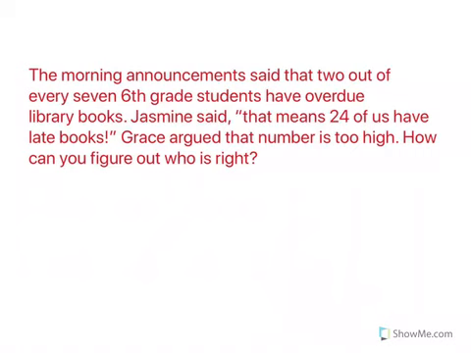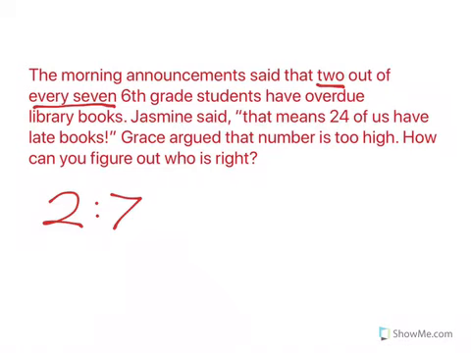Well, first of all, let's look at the ratio that the morning announcements gave us. They said 2 out of every 7 sixth grade students have overdue library books. So 2 students for every 7 total students have overdue library books. So that's our first ratio.